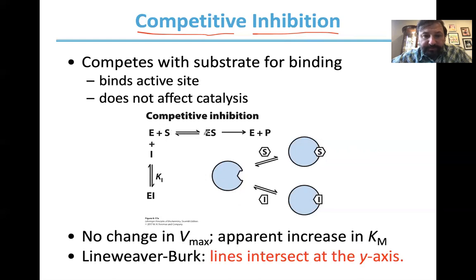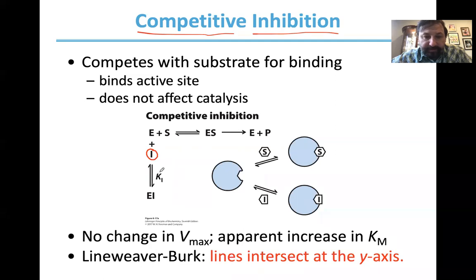Let's say this is competitive inhibition. Enzyme plus substrate forms the enzyme-substrate complex. This dissociates into enzyme and product, but there is this inhibitor, I. The inhibitor I can compete with the substrate for the binding site, or the active site, on the enzyme.